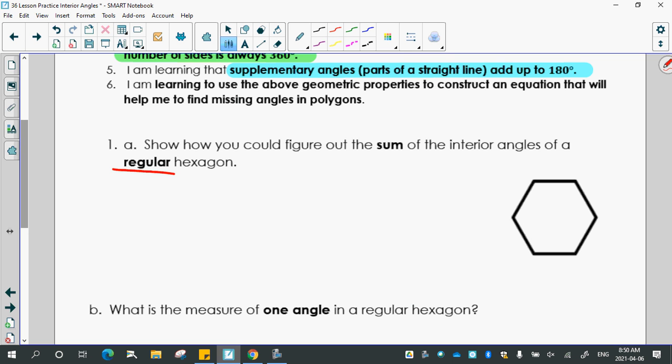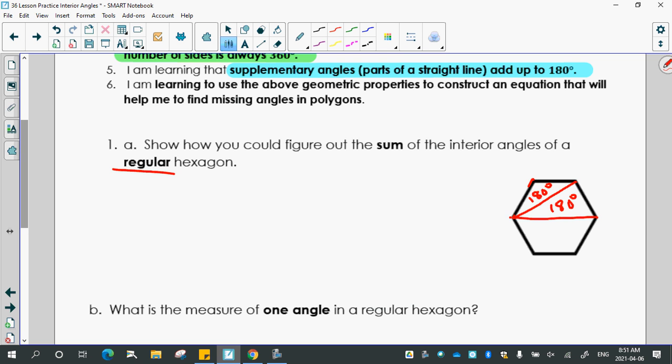So if you start at one vertex, you can go to this one, but it doesn't form a triangle. So if you go to this one, there's one triangle you can make. And we know that a triangle has 180 degrees in it. Then the next triangle you can make is this one in here. It's also got 180 degrees in it.